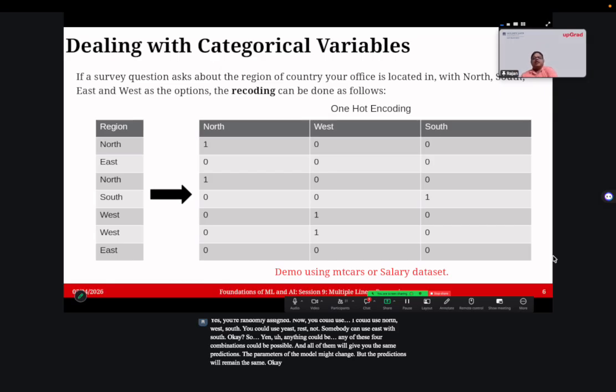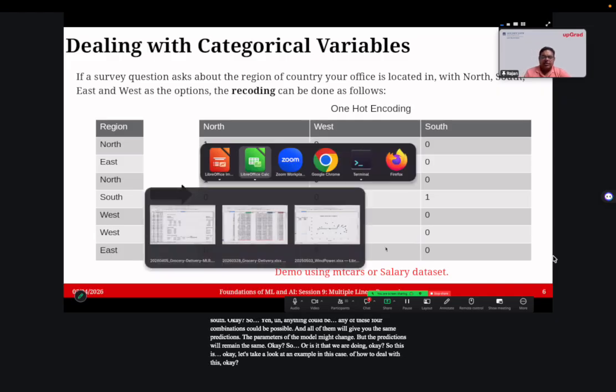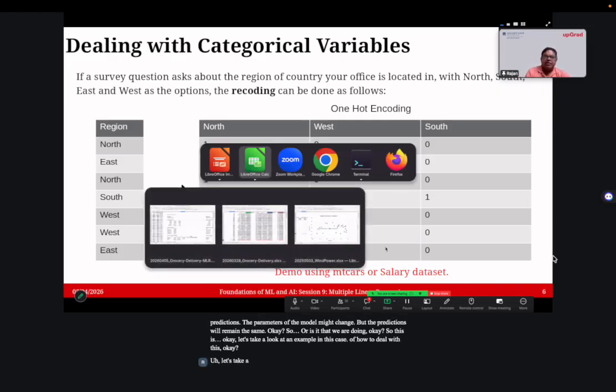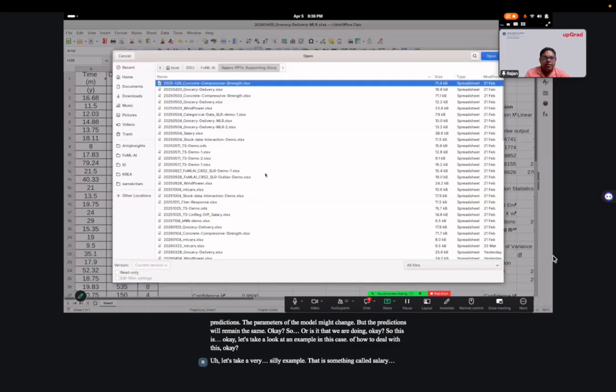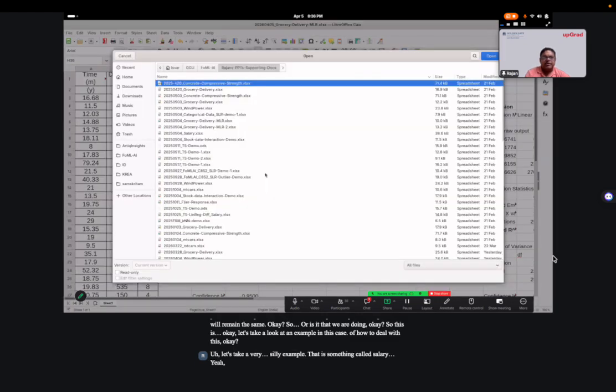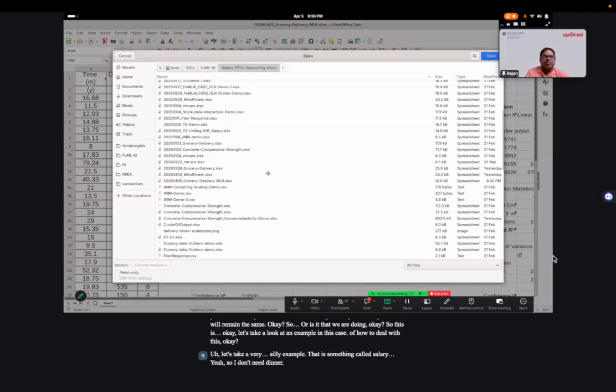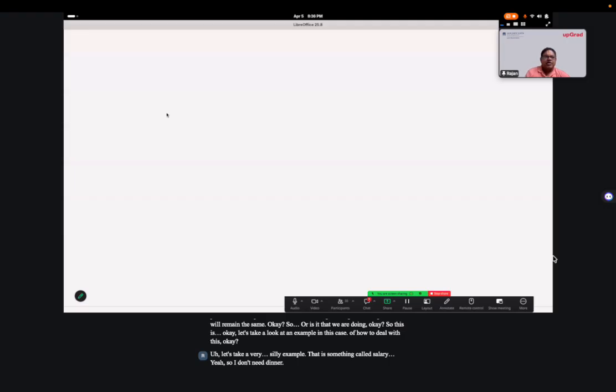So what is it that we are doing? Let's take a look at an example of how to deal with this. Let's take a very silly example. There is something called salary data. Let me save it as today's date.